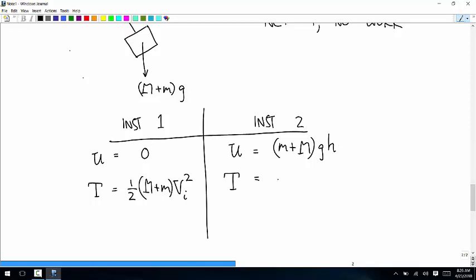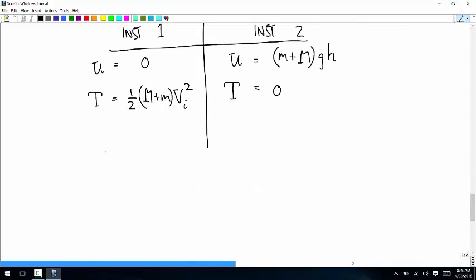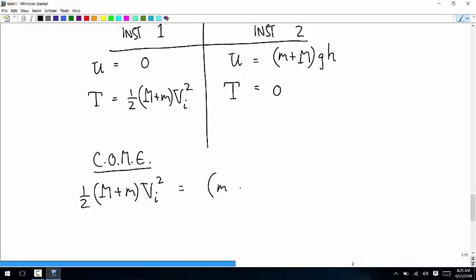It's at the highest point, so this is 0. So conservation of mechanical energy says 1/2 times the quantity big M plus little m times V intermediate squared is equal to the quantity big M plus little m times gh. And we can cancel out the masses, so V intermediate is equal to the square root of 2gh.